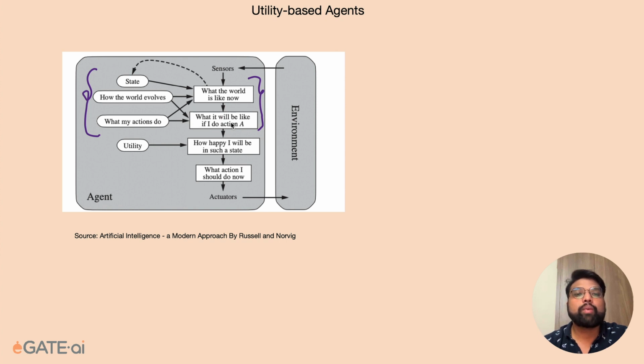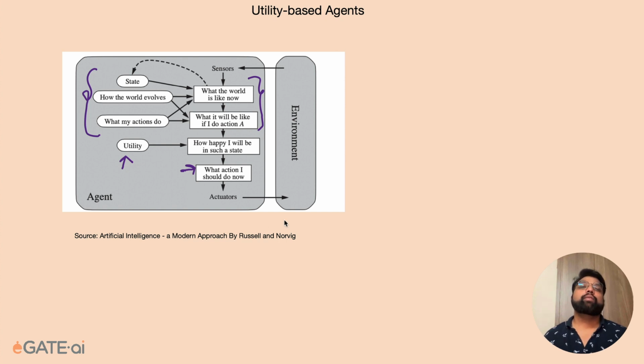Now it will also measure utility, and then it will decide what action it has to take. This utility ensures that you are getting closer to the goal as well as taking the best possible actions, so that the agent will be happy in that state because it took the best action and now it's closer to the goal. Based on that it will decide which action to take, and it will take that action.